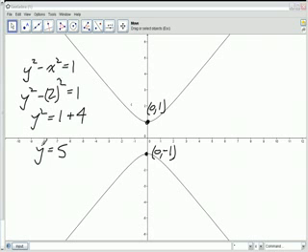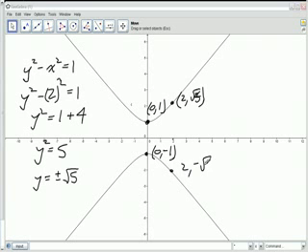So y squared is going to equal 5, and y is equal to plus or minus the square root of 5. And so if you come over here to 2, here we have plus root 5. And down here, we have 2 and the negative root of 5. Okay? Now, we could go on, but you can kind of see how this works.